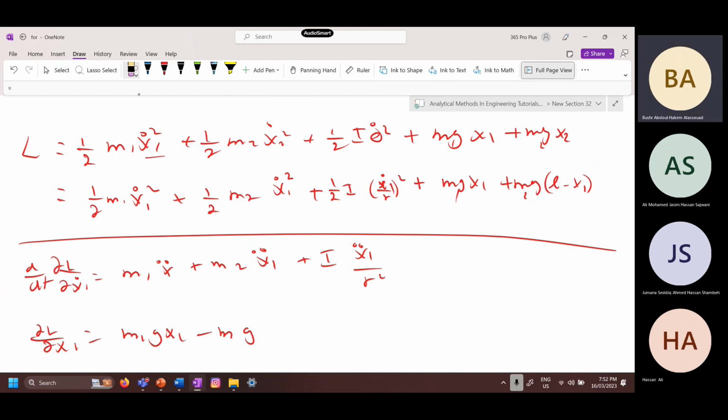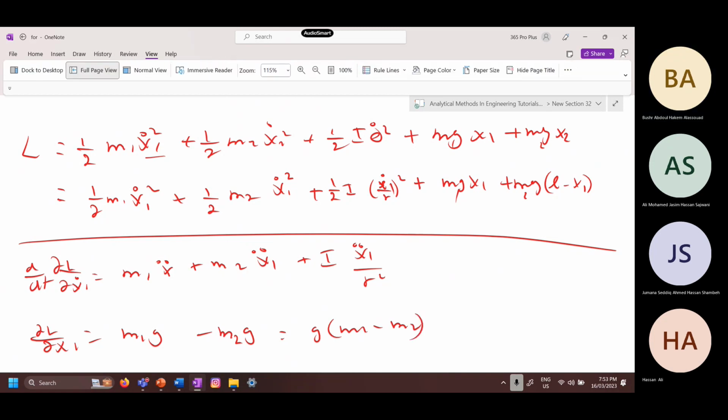I'm deriving and I forgot to derive. Negative m1 g and negative m2 g. You can take g as a common factor, m1 minus m2.